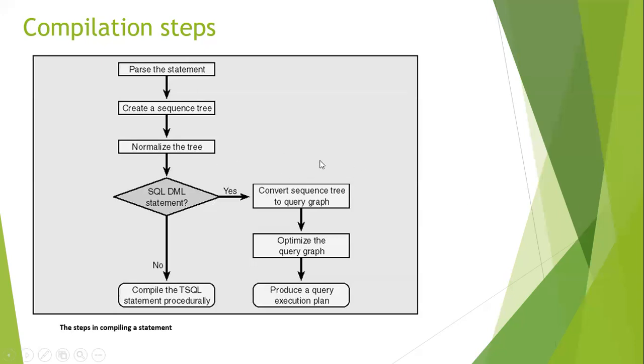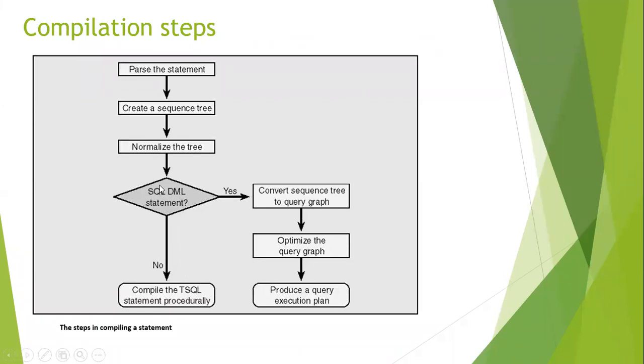You must have read about normalization, first normalization, second normalization and so on. I'm not going into that. Where a table is divided into multiple parts, the same way the query will be divided into multiple parts for better optimization.